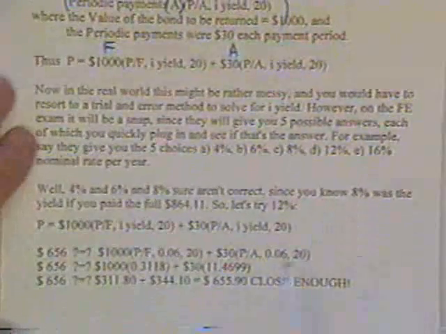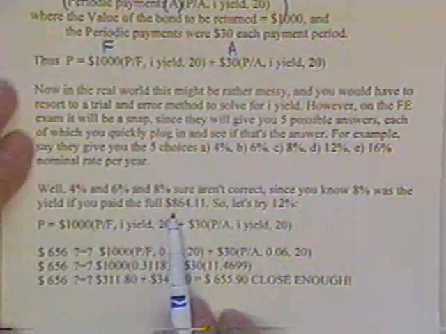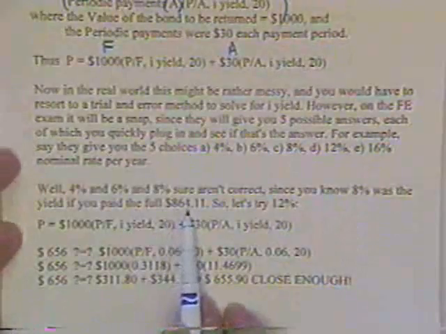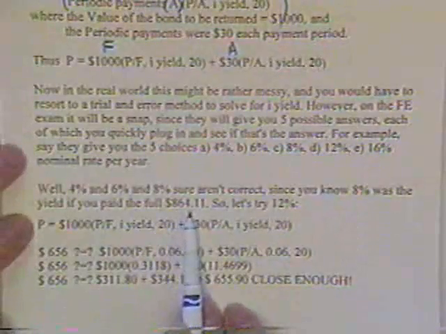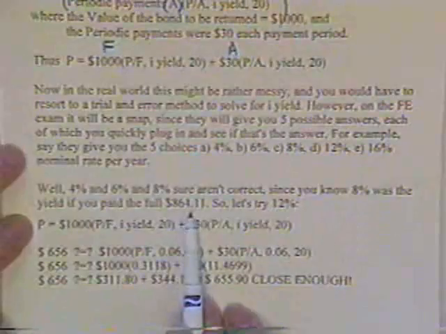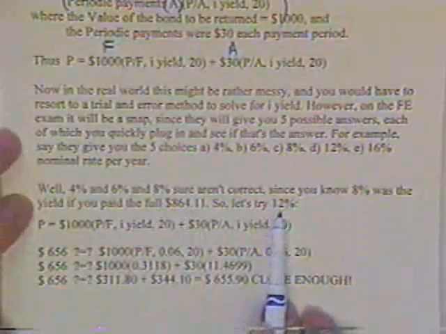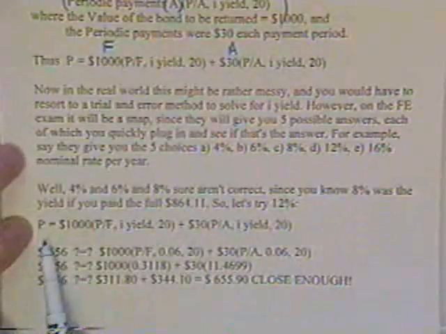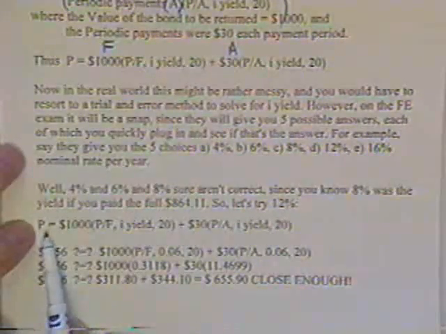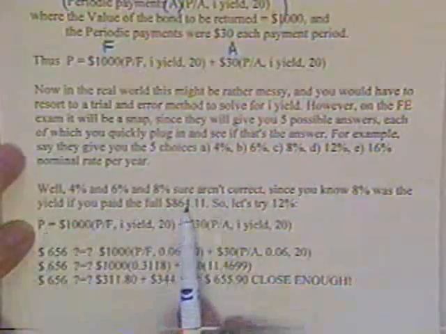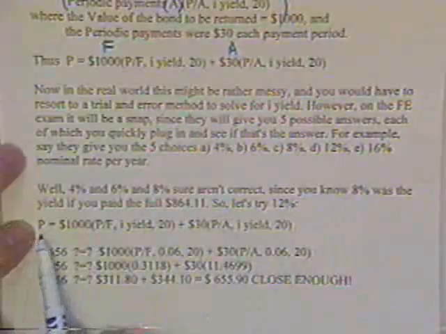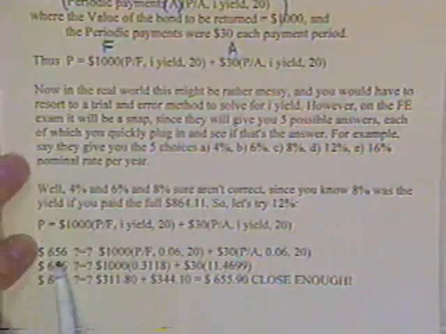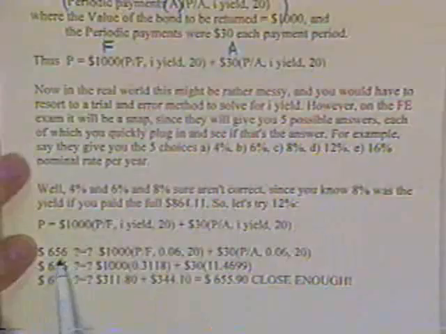But let's see, you really paid the full $864.11, so you would plug that in using the 12% number. In other words, the question is the present value, the 864 is if you paid 8%. The present value you truly paid, he sold it to you for $656.